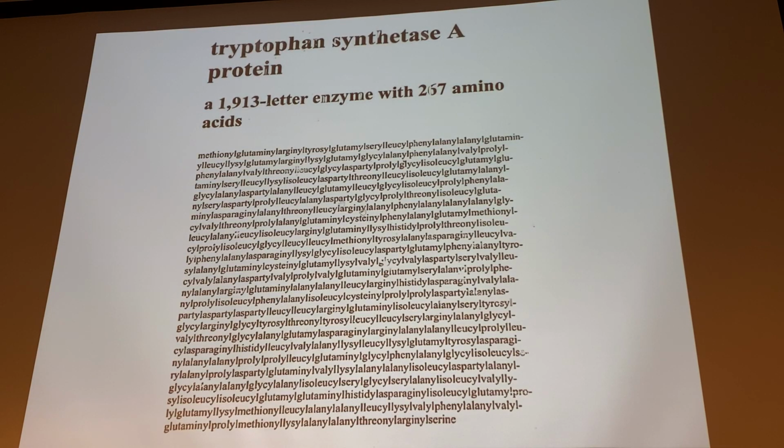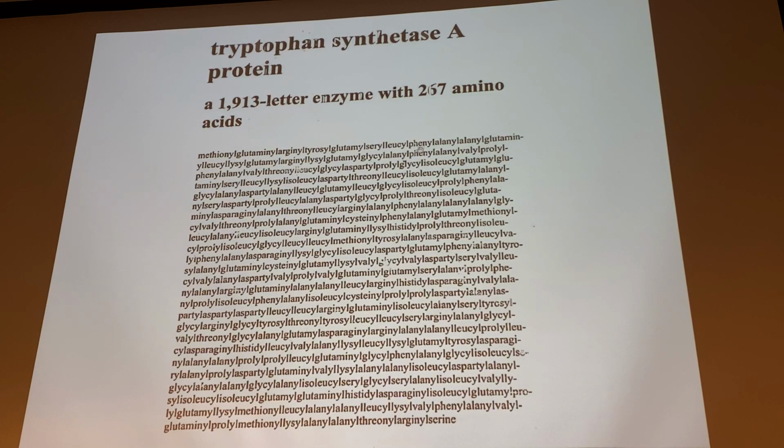And you go all the way with these -yl names for prefixes, and all the way at the end is serine at the C terminus. So yes, the IUPAC name becomes onerous, it's too big, and so these common names are also accepted by the IUPAC. Tryptophan synthetase A, okay? 2,000 letters in the name of the enzyme, but for 267 amino acids.